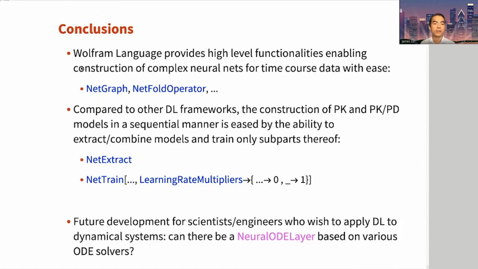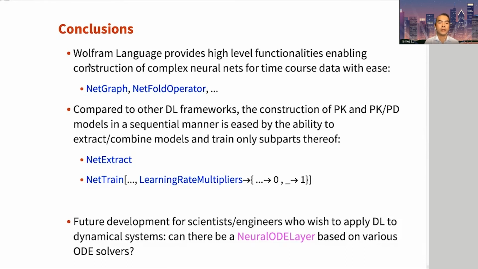So hopefully through this talk, I've conveyed to you how Wolfram Language provides high-level functionalities as well as flexibility so as to enable the construction of a novel neural PKPD model with ease. As compared to other deep learning frameworks, the ease with which one can extract, combine, and train only part of the model enabled us to come up with a way to build PK and PD models in sequence.